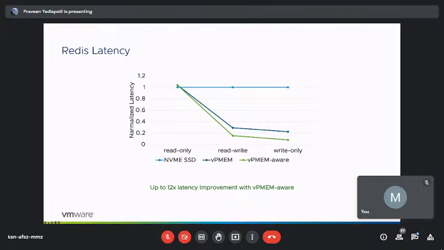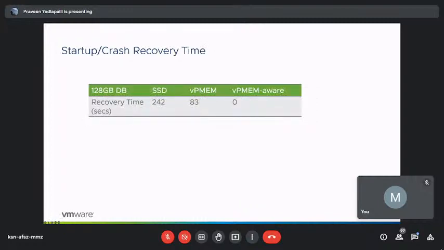So you can see the difference between PMM and PMM aware here. If you don't change your application, and just remove the SSD and replace it with PMM, you can get up to 8x improvement. But if you change your application and use the same PMM hardware, you can get even more performance improvement, up to 12x. That's the difference here. And I talked about this instant startup and recovery.